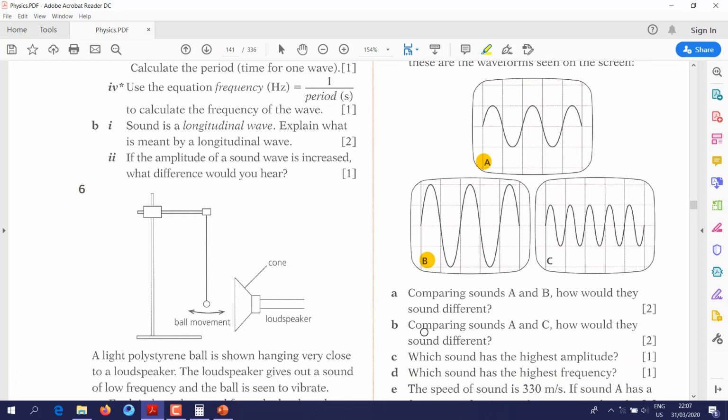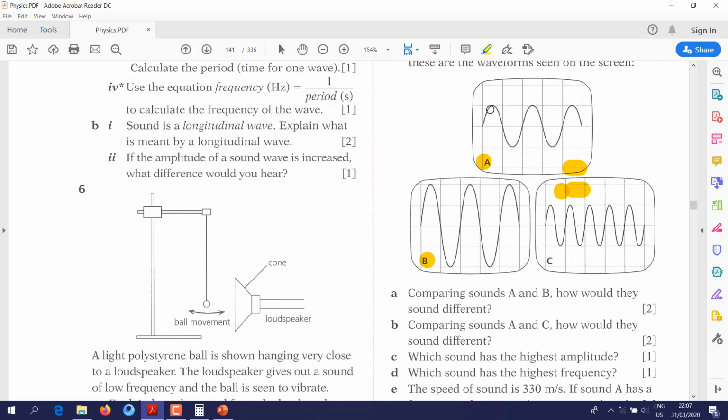B. Comparing sounds A and C. Now we will compare these two, A and C. How would they sound different? Okay, if you look at A and C, what is the difference between them?